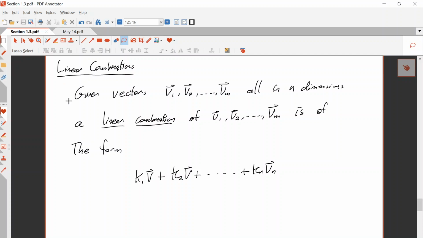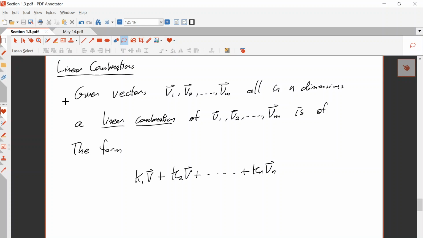Does that sound familiar at all? A sum of multiples of vectors? Did we do that already in section 1.2? Well, sort of. We've defined vectors as columns of real numbers. Sometimes you might think of vectors as rows of real numbers. And one of our elementary row operations from sections 1.1 and 1.2 was to take one row and add to it or subtract from it a multiple of another row.